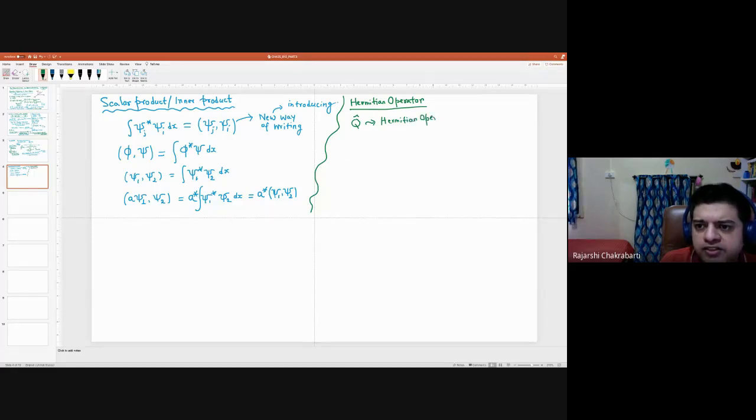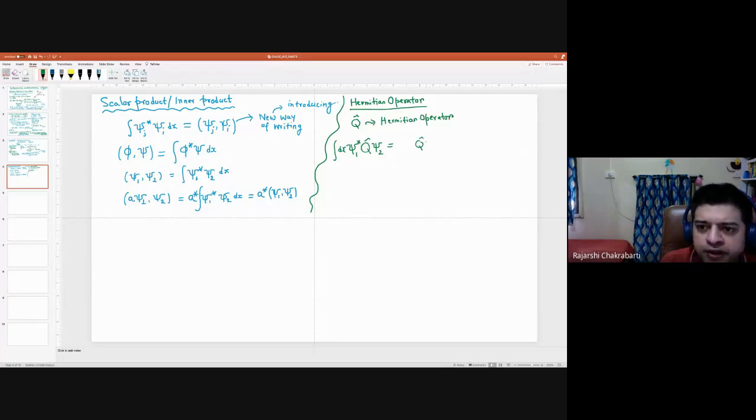Actually, you can go back and check your notes. You will see that the definition was as follows. I take this operator Q, operate on a function like psi2, multiplied from left by psi1 star, integrate over space, and this should be equal to, you remember this?